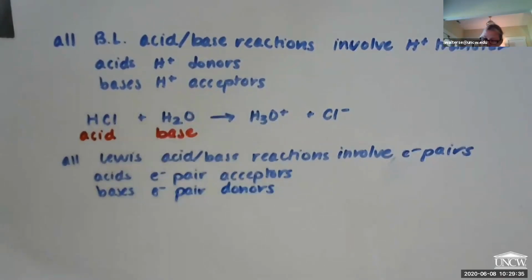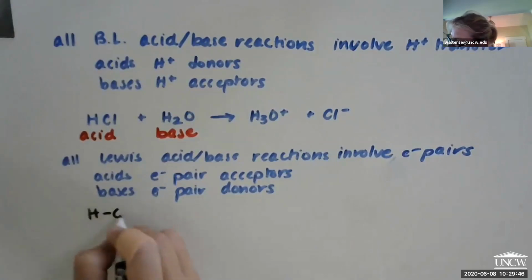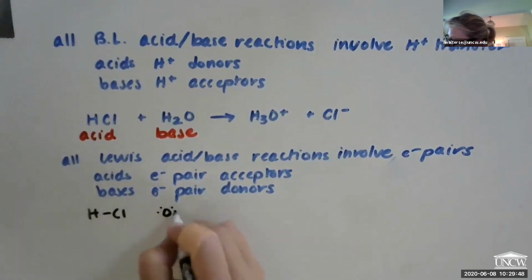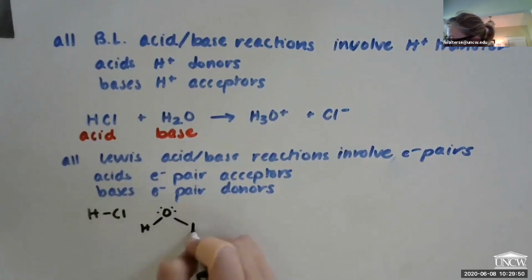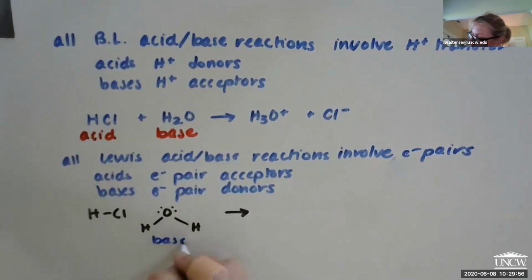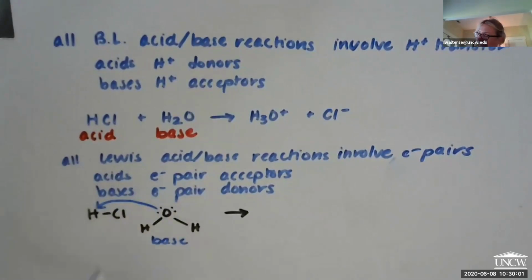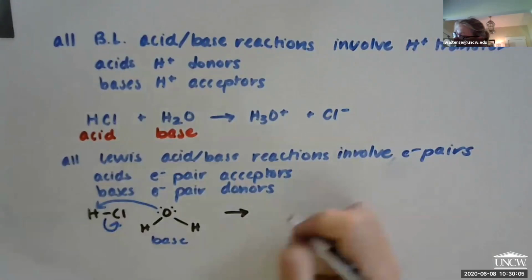But you can describe this Bronsted-Lowry reaction by the Lewis acid and base model by saying that what happens is, this is again the base, it's going to donate a pair of electrons to the empty orbital in the hydrogen, and the chloride will break off.